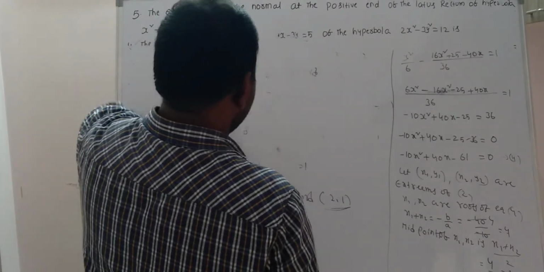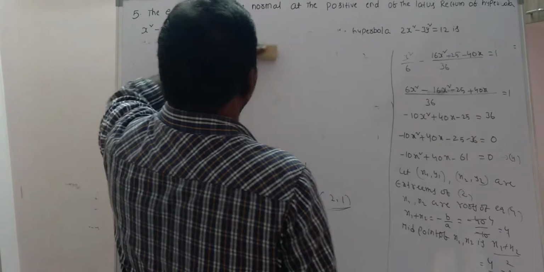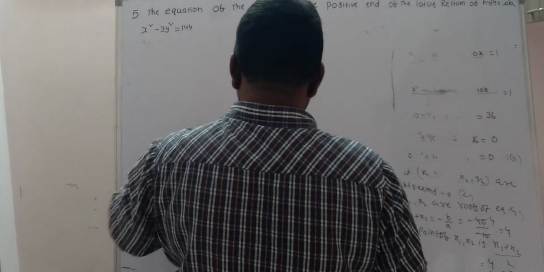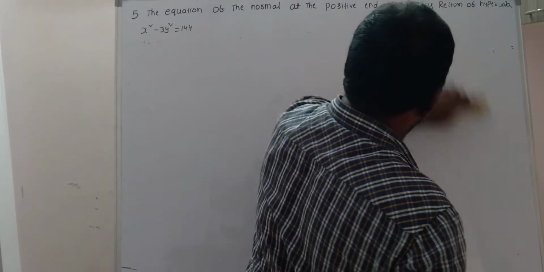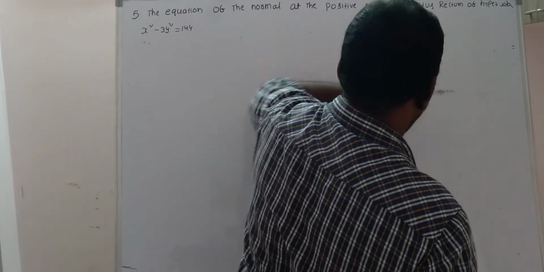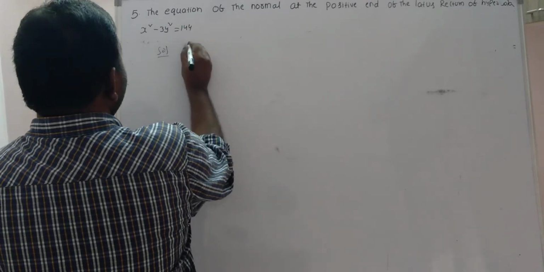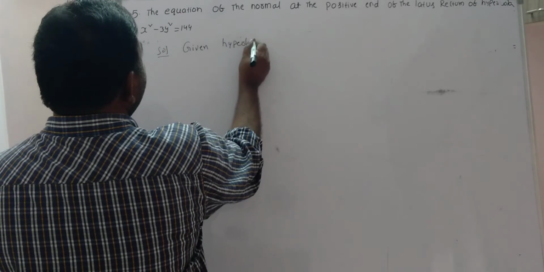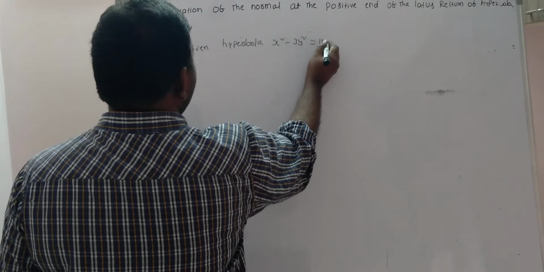Finally, I will explain the last one. First of all, they gave a hyperbola: x square minus 3y square is equal to 144.